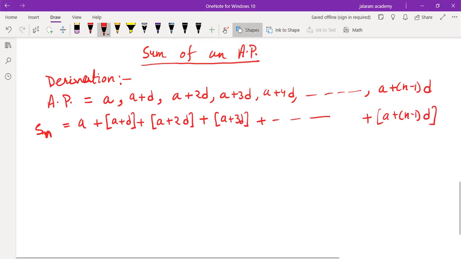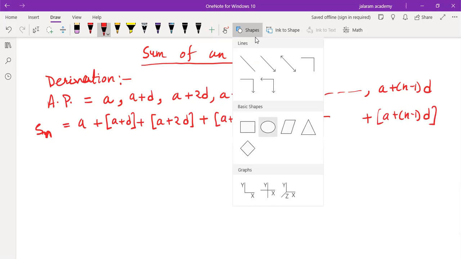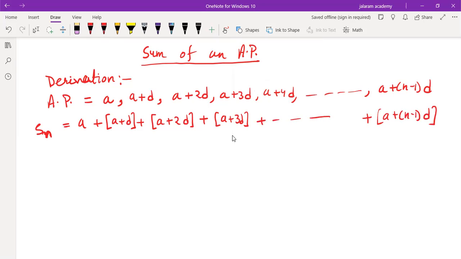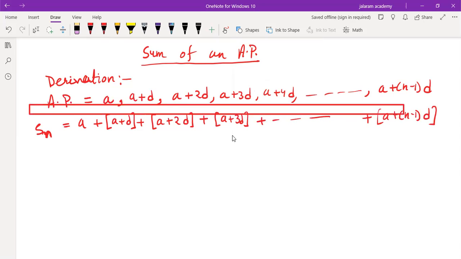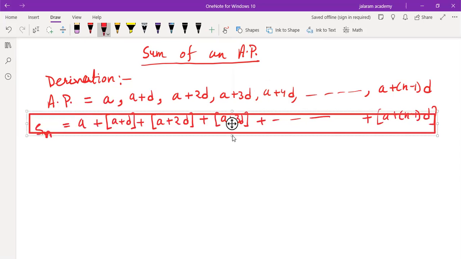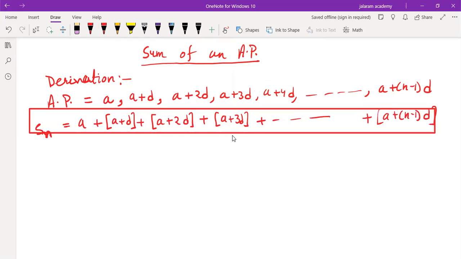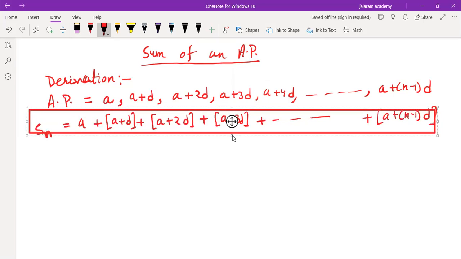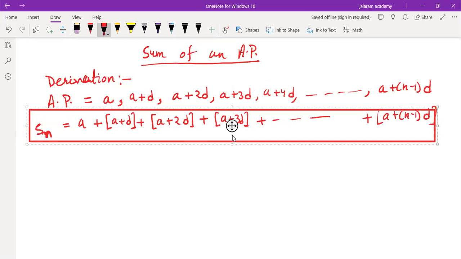To find the sum, we always keep a very important property of an AP in our mind. For an AP, remember always, the sum of the first term, if we write it as T1, and the nth term.